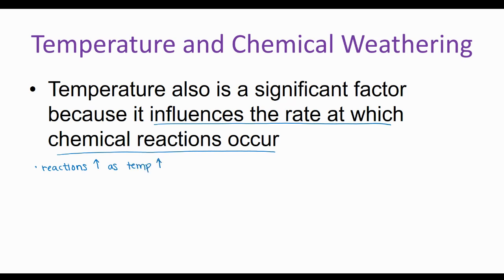And what we actually see is that the rate of chemical weathering doubles with each 10 degrees Celsius increase in the temperature.